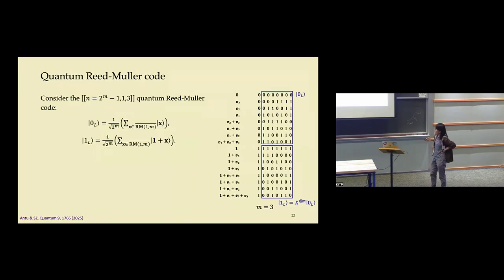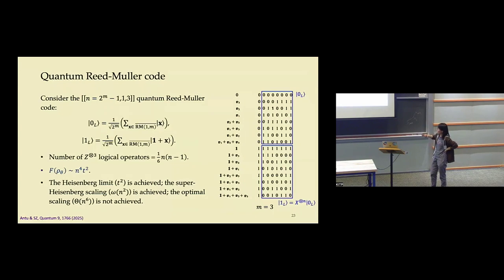You can actually count the number of weight 3 Z logical operators using the MacWilliams identity, and you are going to see that it is quadratic in n. So it performs better than the surface code. As a result, the Fisher information is just going to be the square of it, which is n to the power 4 times t squared. So again, you achieve the Heisenberg limit, and you achieve the super Heisenberg scaling, which is very nice.